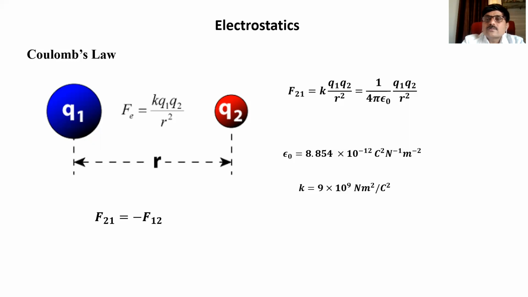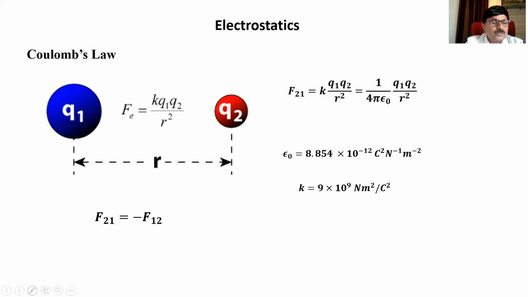So first of all, we'll define Coulomb's law that we have studied in 11th standard. We know that Coulomb's law gives the force of attraction or repulsion between two charges which are separated by a finite distance.